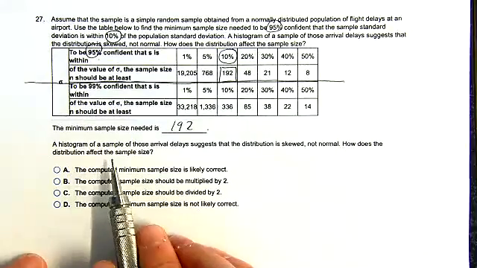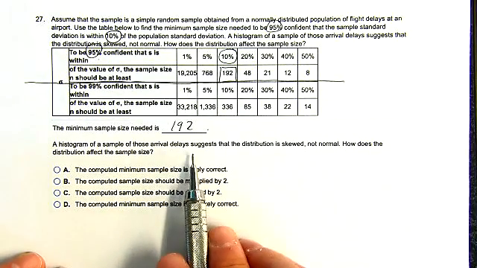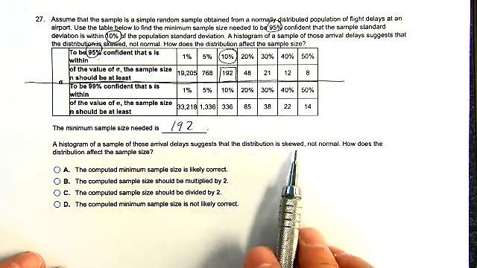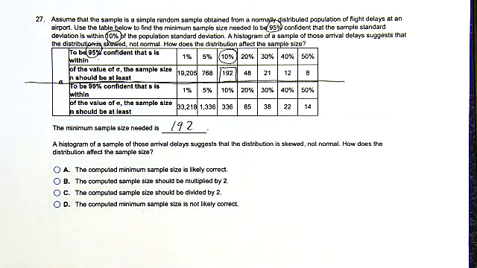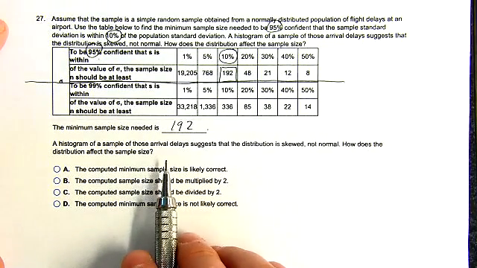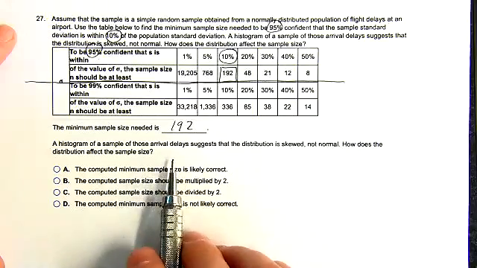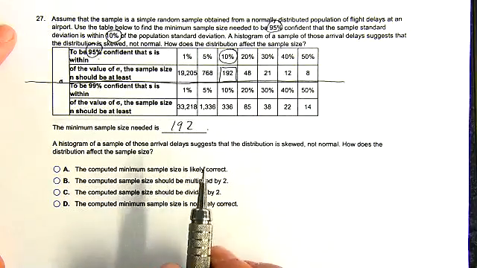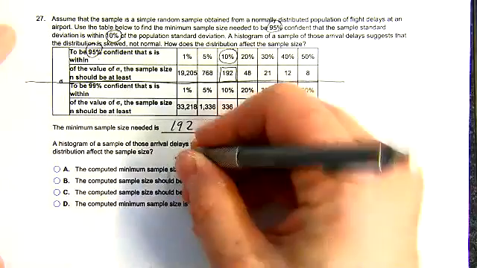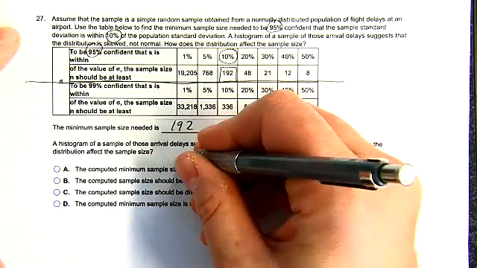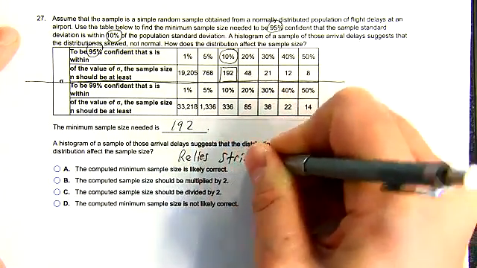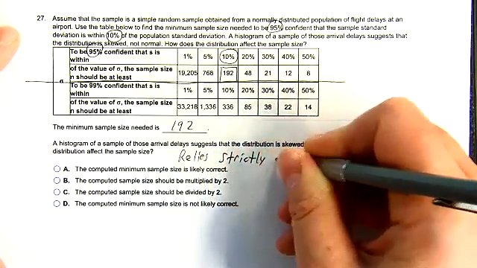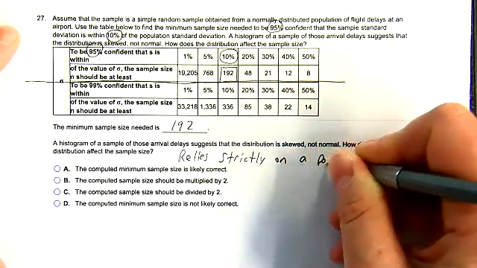A histogram of a sample of those arrival delays suggests that the distribution is skewed, not normal. How does the distribution affect the sample size? So we had said to do this math, we had to have a strict requirement on it being normal. So this math relies strictly on a population that is normal.